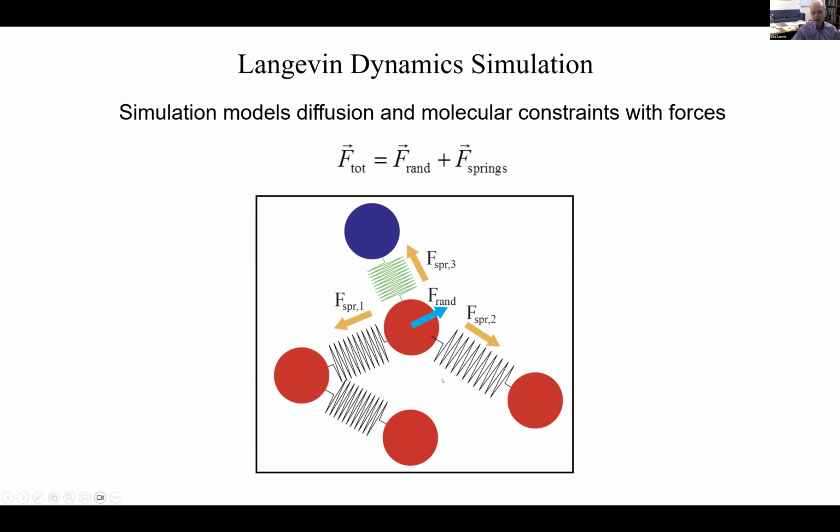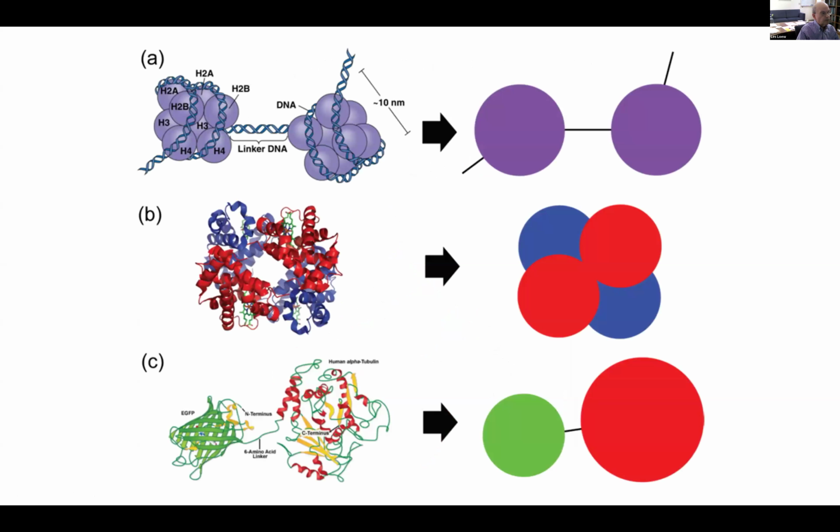I hope you get an idea of how this works. The total force is given by the applied random force plus the force due to the springs, and these are all vectors, so they can all move in different directions.